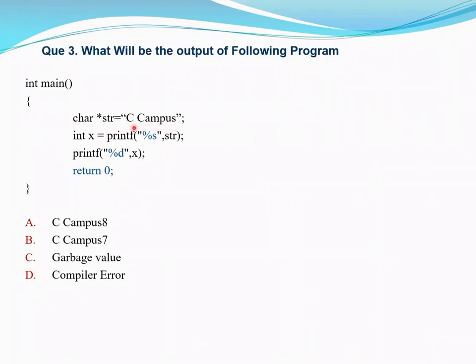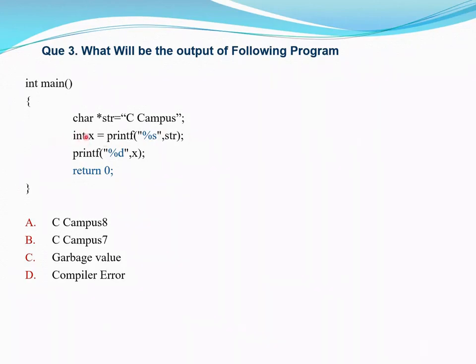In the next statement, you might be thinking that there is an error, because we haven't used the printf function like this. It is something new to you, but we can use the printf function like this also, because printf not only prints the value but it also returns an integer value.